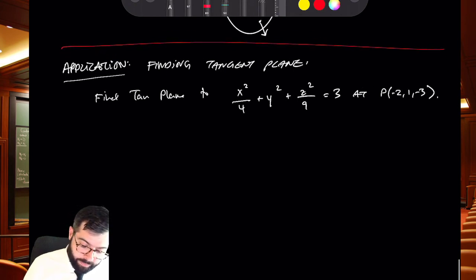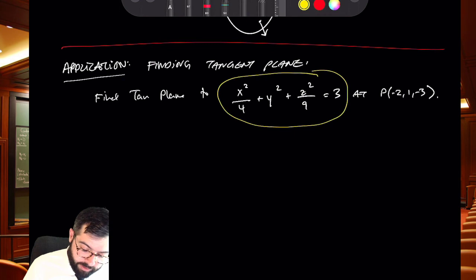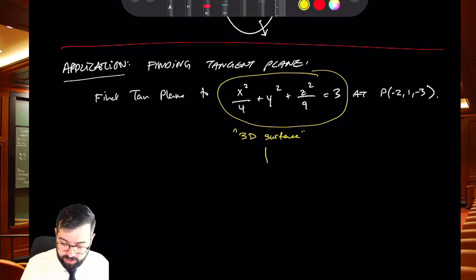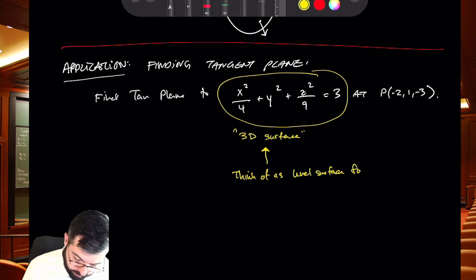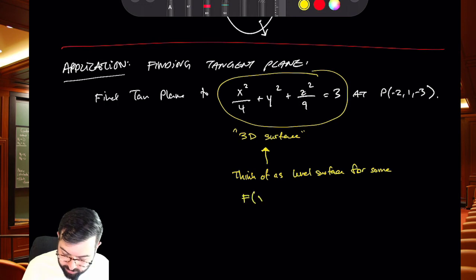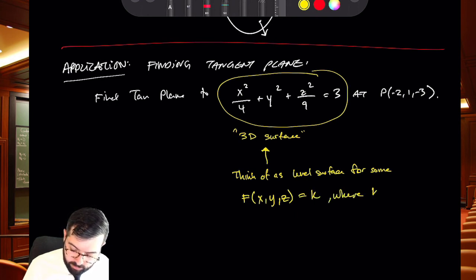So what is this? This is a 3D surface, but we can think about it from one dimension up. Think about this as a level surface for some big F of x, y, z equals k, where k equals 3.